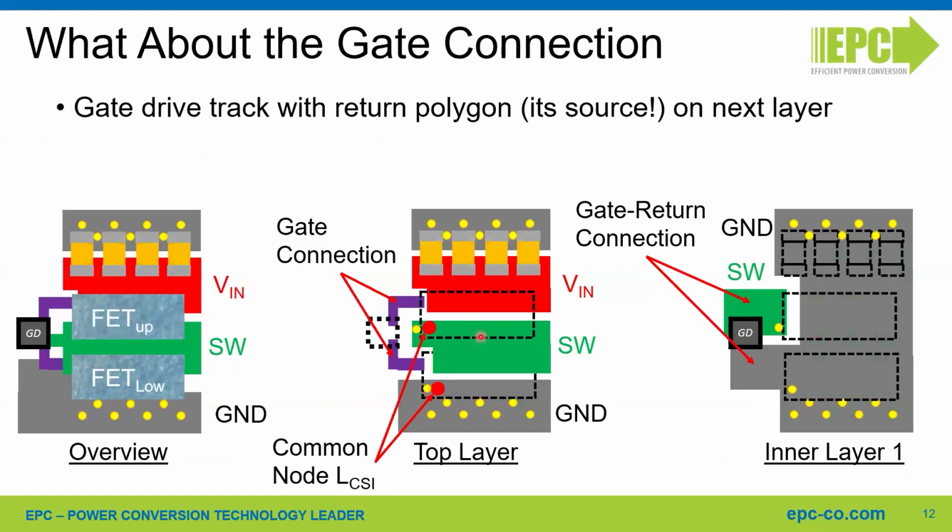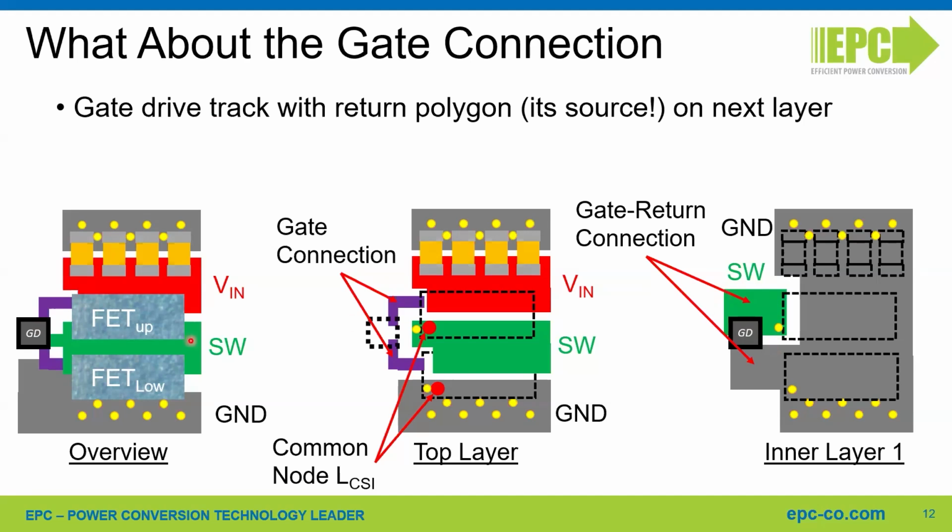Regarding the gate connection, the same concept is applied. So you have the path from the gate driver to the gate terminal of the FET. And in the first inner layer, you need to have the return polygon, which is always connected to the source of the FET.